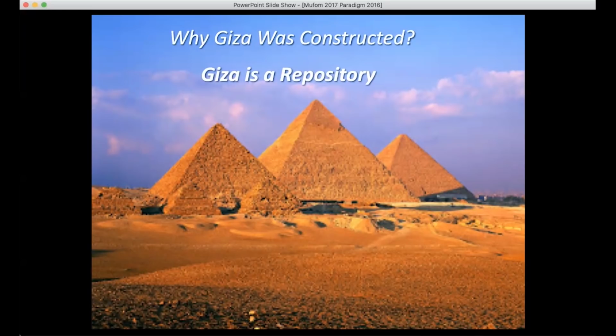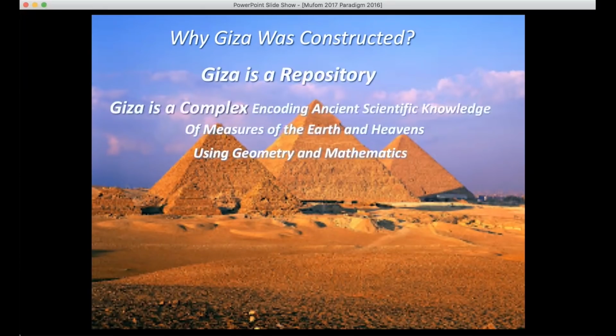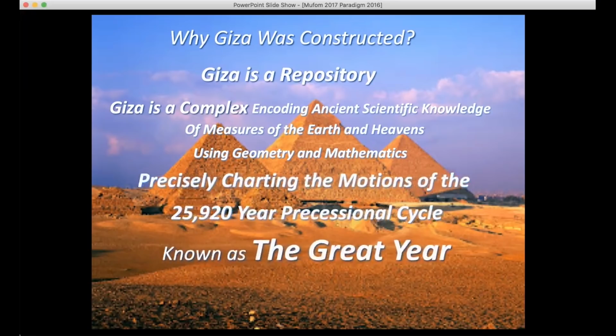Well, I went in there with my hypothesis, and I certainly was not the only one. A lot of people have put this forth: that Giza is a repository, and that within this architecture and design there is ancient scientific knowledge of measures of the earth and of the heavens, using geometry and mathematics.